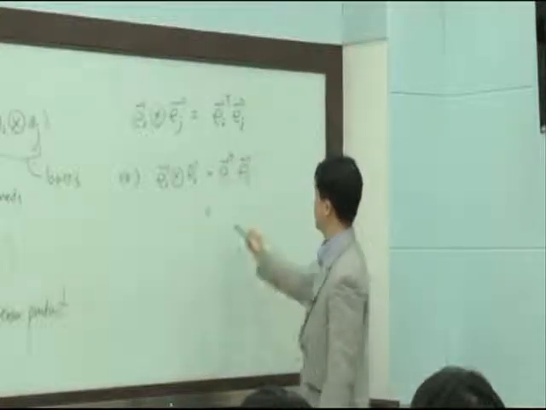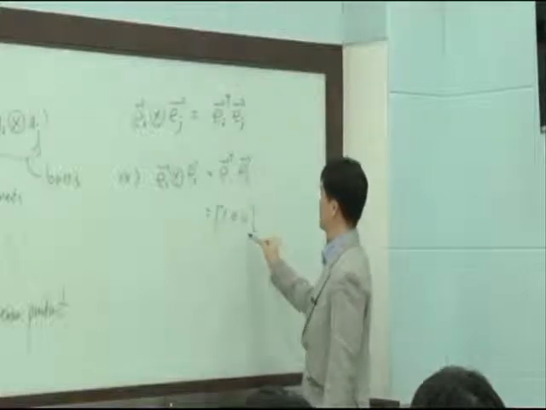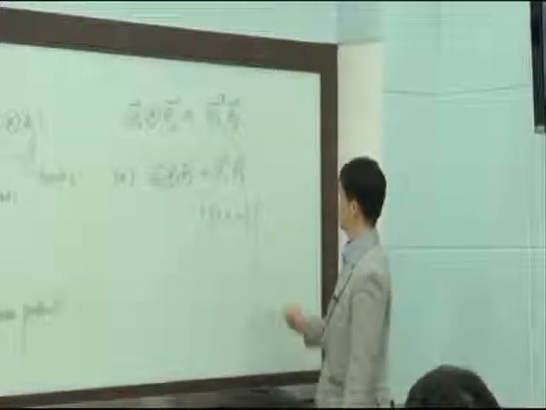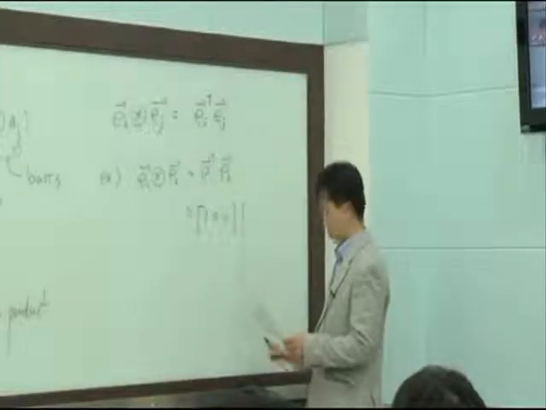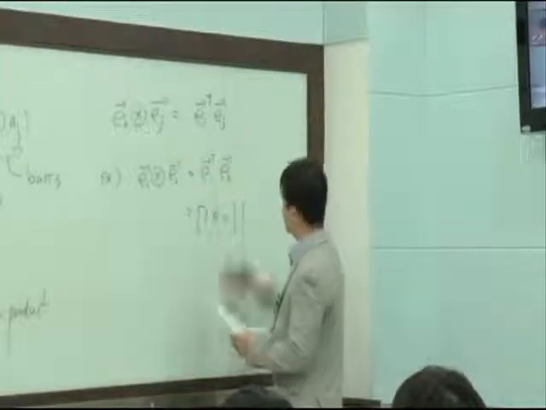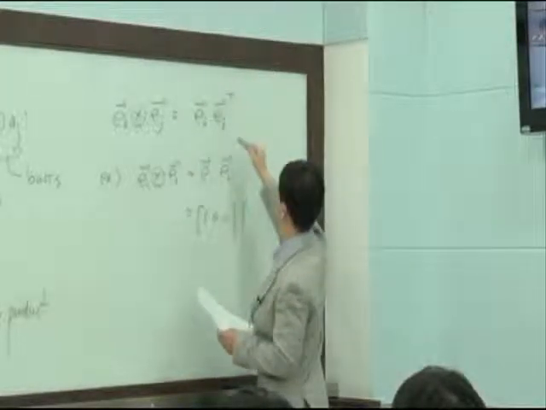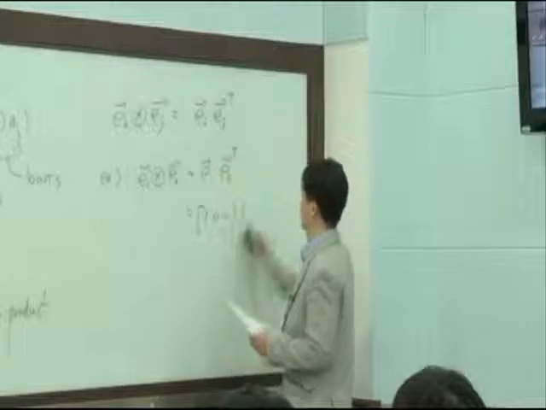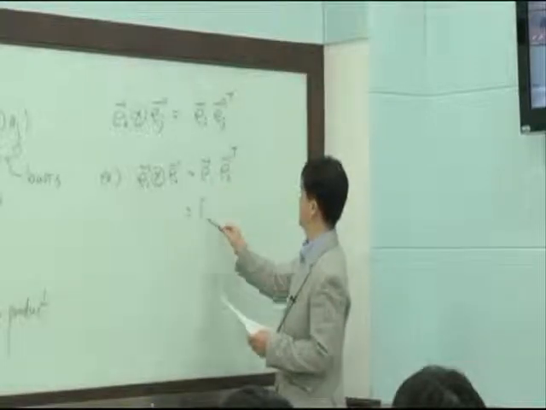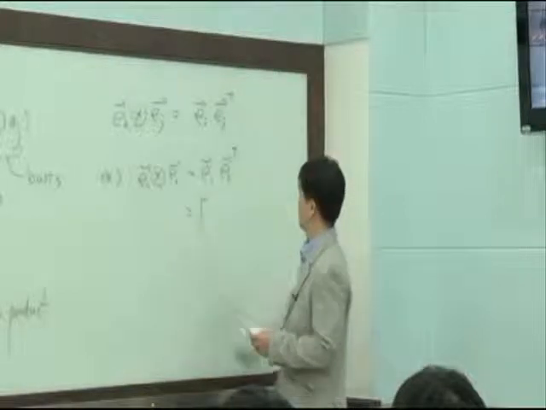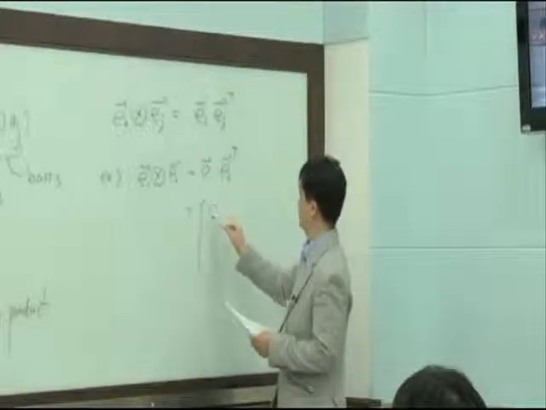E1 is 1, 0, 0. And E2 transpose, sorry, the transpose should be here, on E2. E1 is something like that, 1, 0, 0.